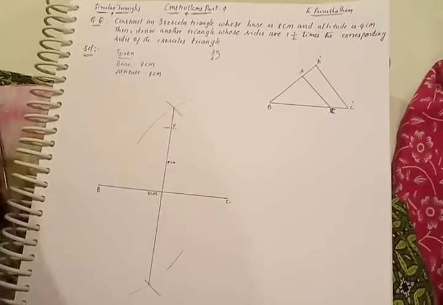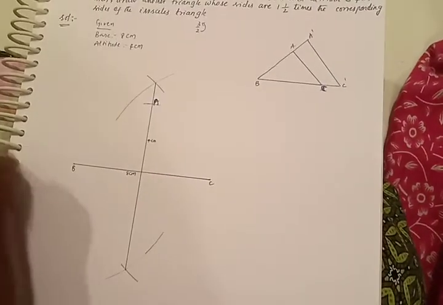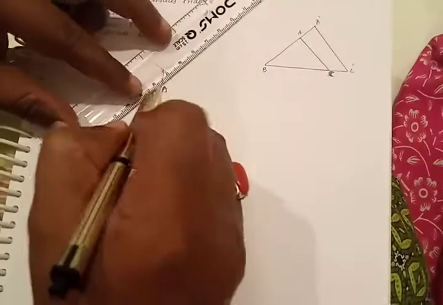Now draw the triangle. This one is A, because ABC is the triangle, right? Now join these two.